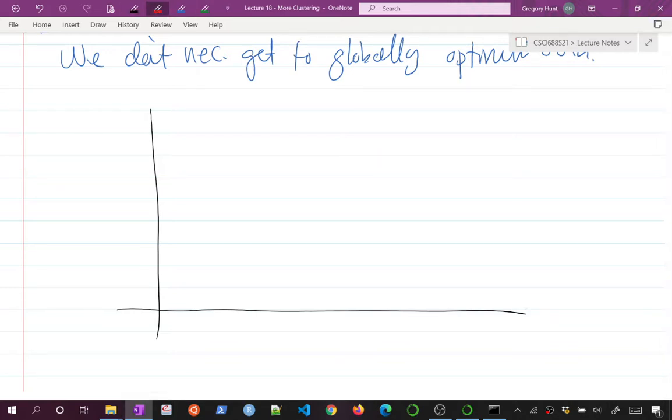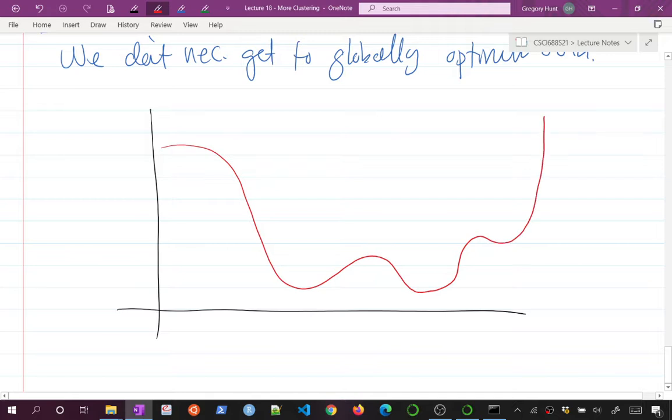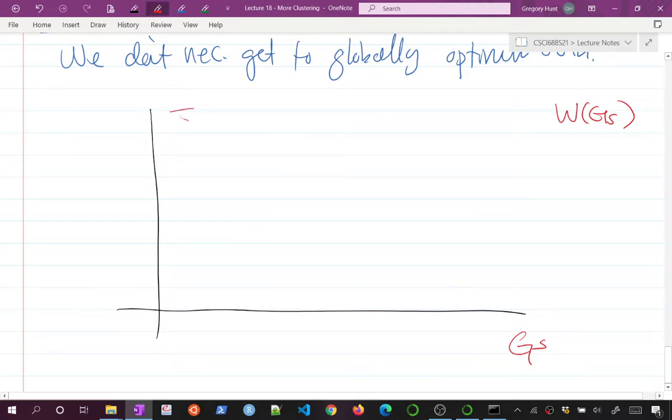So this might be W. Let's pretend that my x-axis is the G's, whatever that means. Really it's this multi-dimensional complicated space, but if you pretend it's a one-dimensional problem, I have my red curve, which is W of my G's. Let's draw a slightly less insane red curve here, something like this.